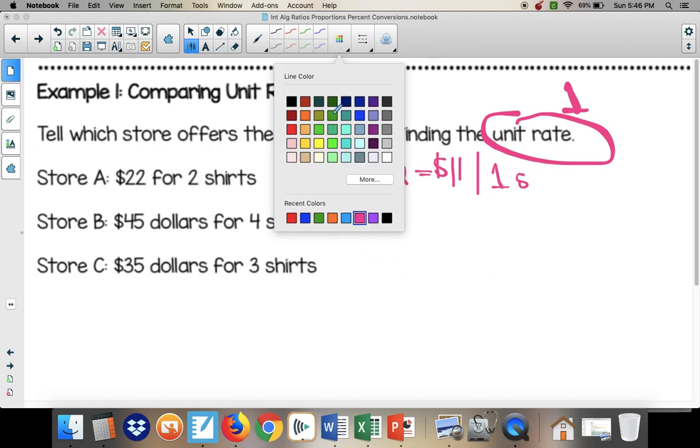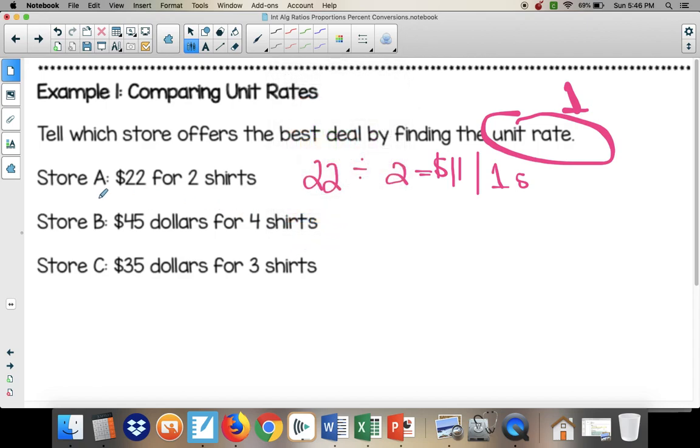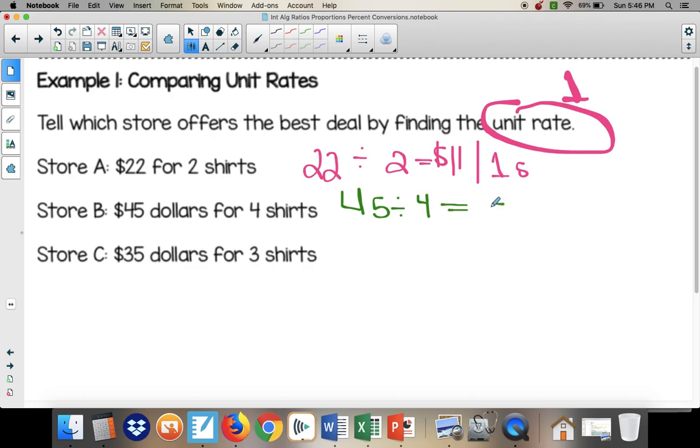So if I go to store B, $45 for 4 shirts means that I'm going to take 45 and I am going to divide it by 4. Let's say 45 divided by 4 gives me 11.25. $11.25 per 1 shirt. So right now, store A is cheaper because per 1 shirt, it's less money.